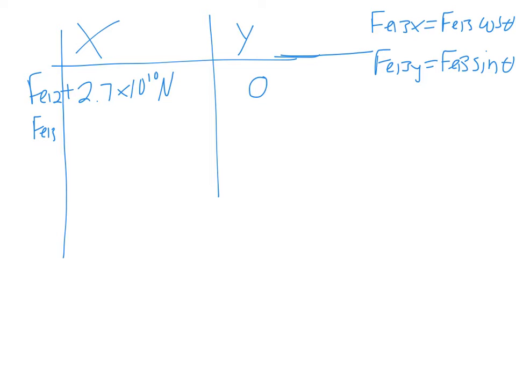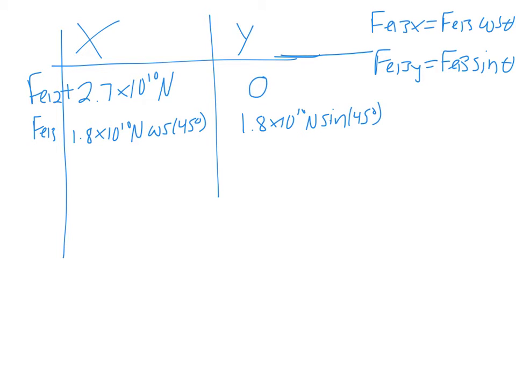X uses cosine, y uses sine. So Fe13 will equal 1.8 times 10 to the 10th newtons, cosine 45 degrees, and the y component 1.8 times 10 to the 10th newtons, sine of 45 degrees.